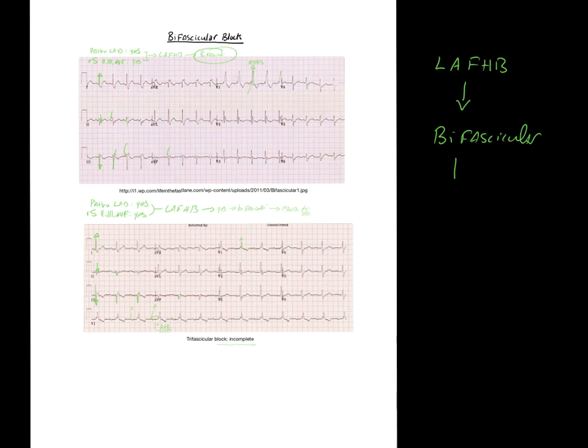And then let's say 10 minutes later you do another 12 lead, and now you notice a trifascicular. It could result in ventricular rhythms. Yeah, what kind of dysrhythmias would you be most worried about? No. What's going on here?